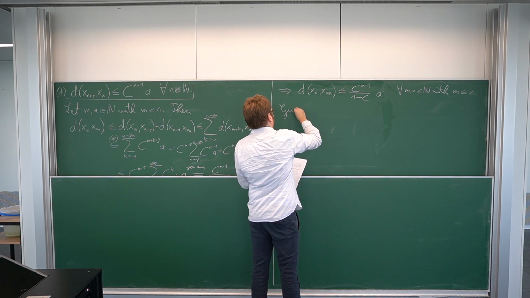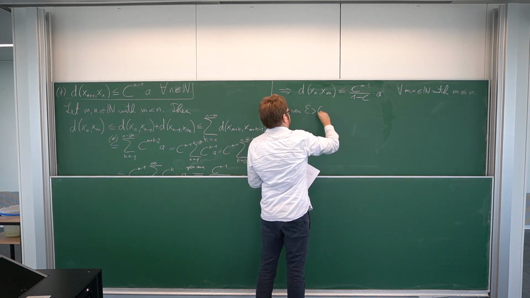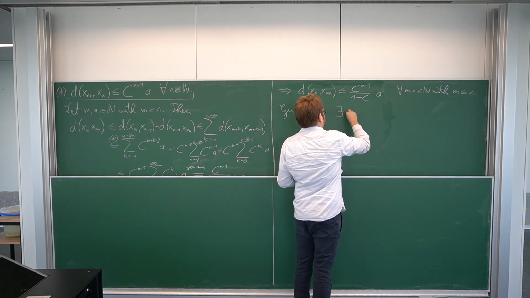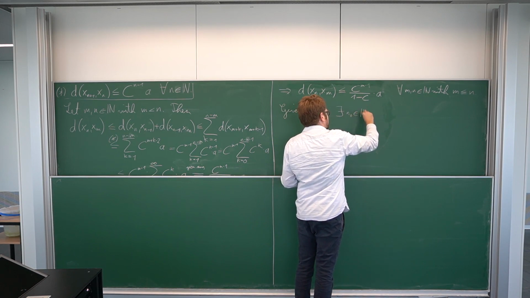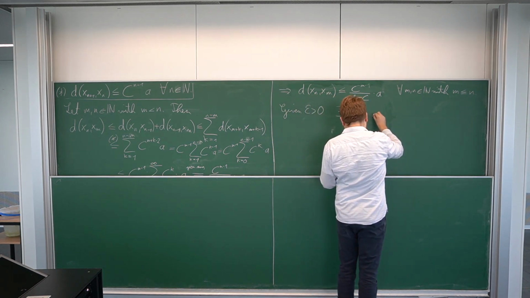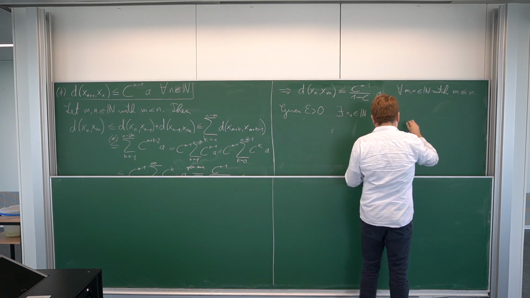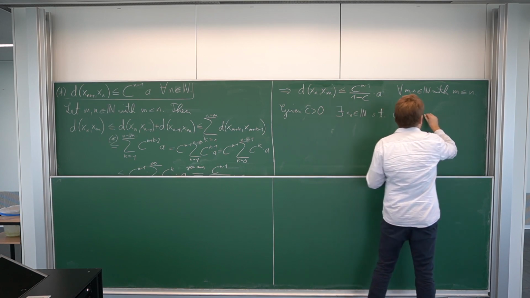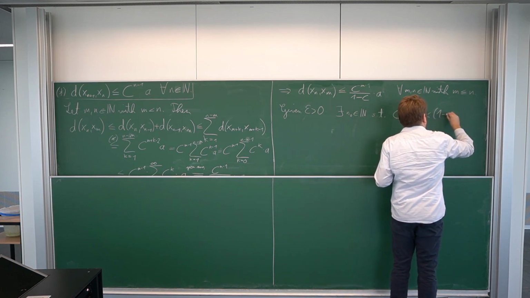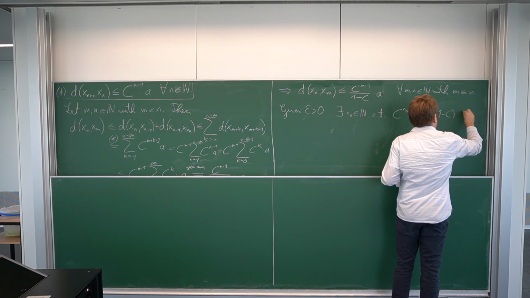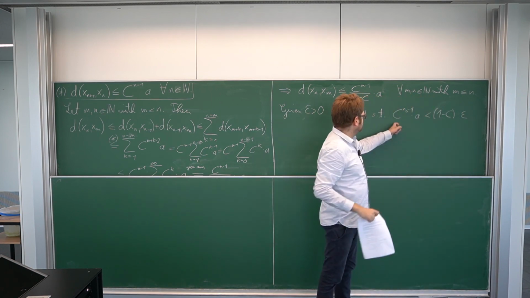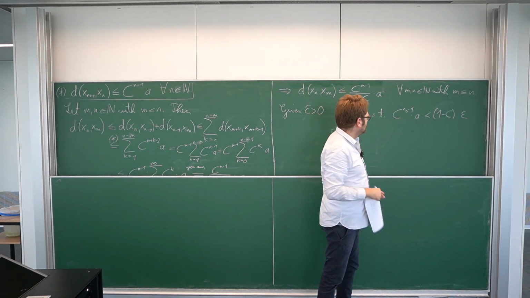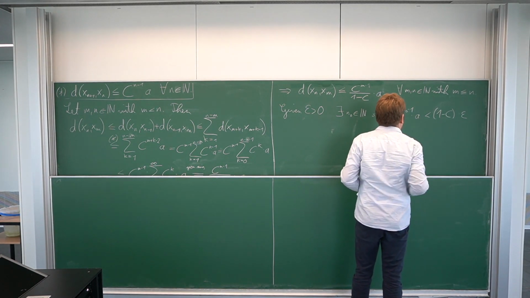Given epsilon bigger than 0, there exists some number n0 in N such that c to the n0 minus 1 times a is smaller than 1 minus c times epsilon. This becomes very, very small, and of course, if n becomes bigger, this becomes even smaller.